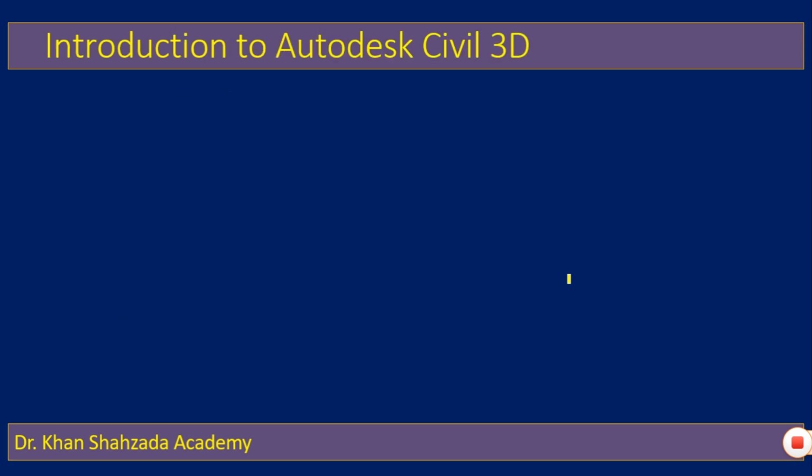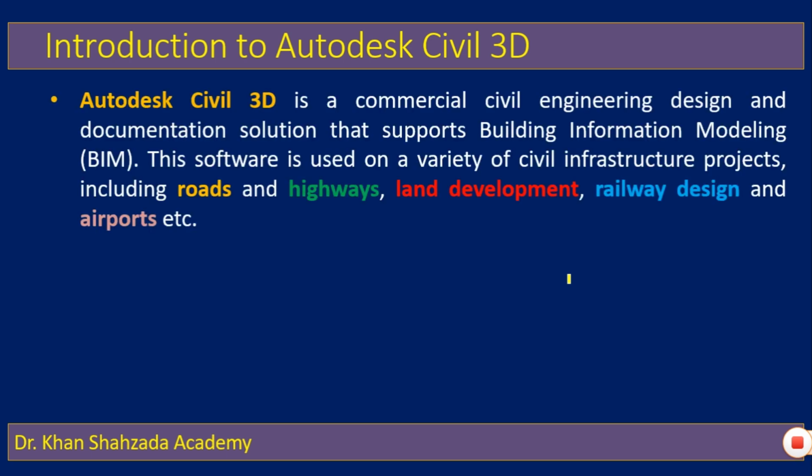Now I am coming toward the introduction to the Autodesk Civil 3D course. AutoCAD Civil 3D is a commercial civil engineering design and documentation solution that supports building information modeling. This software is used on a variety of civil infrastructure projects, including road and highway design, land development, railway design, and airports.